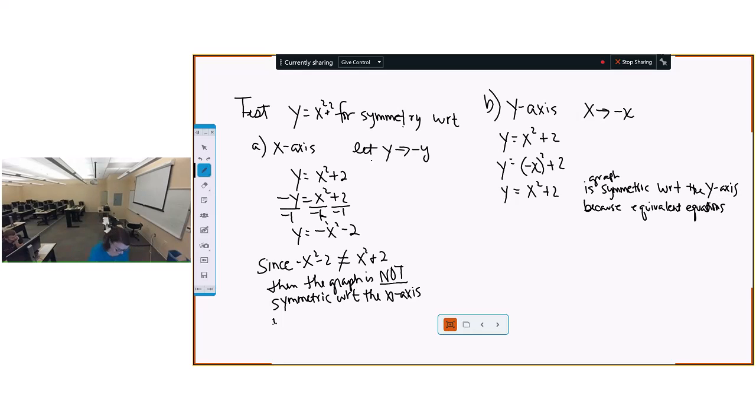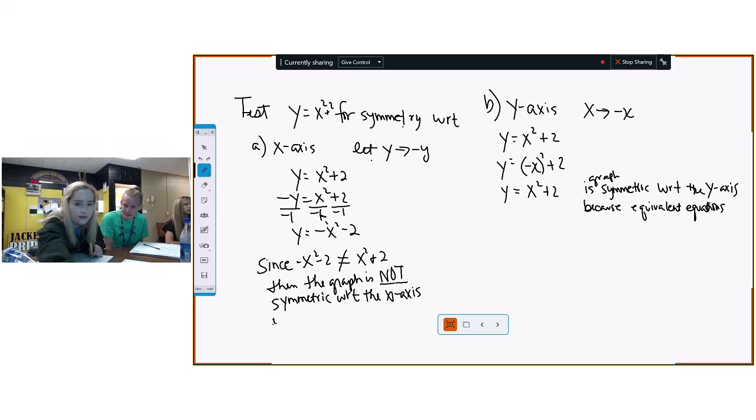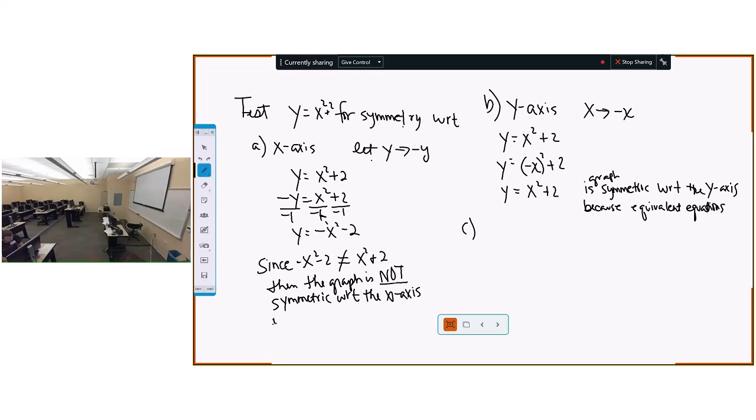Okay? So now let's check with respect to the origin. I'm going to let x go to a negative x and y go to a negative y. So we start out with y equals x squared plus 2.